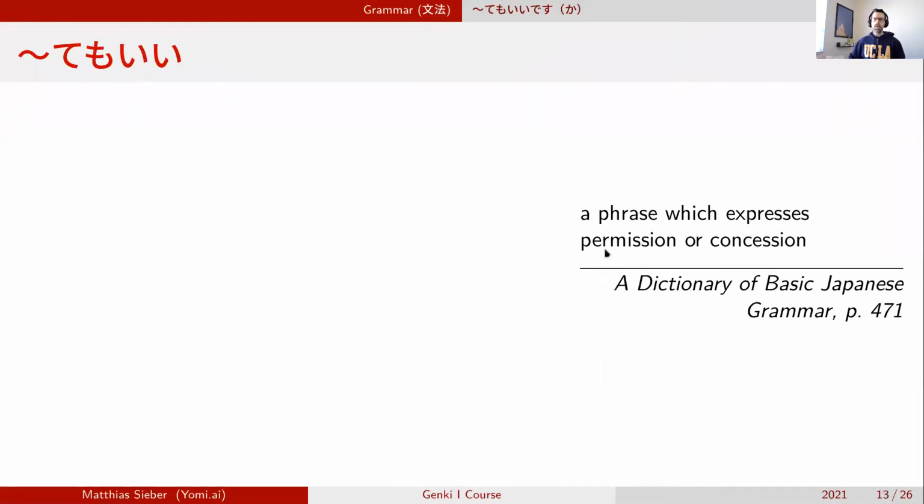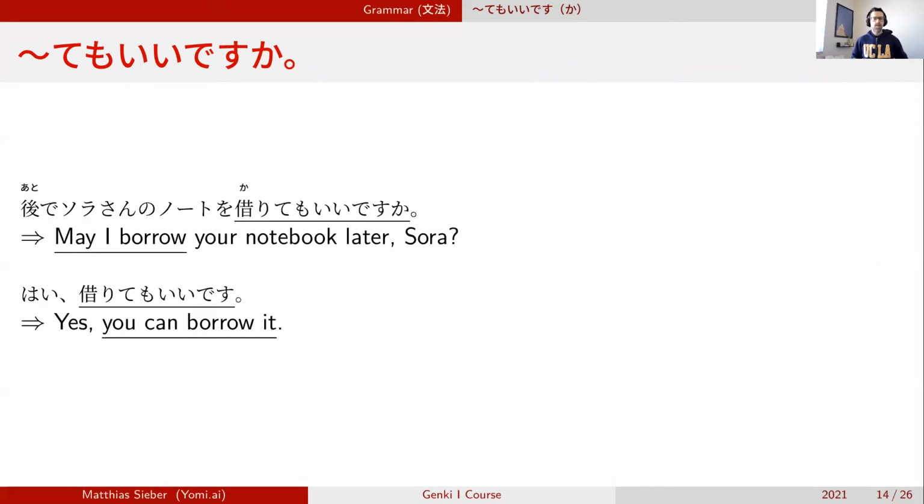So the てもいい, or てもいいです, てもいいですか, is a phrase which expresses permission or concession, taken from the Dictionary of Basic Japanese Grammar, page 471. So, examples.